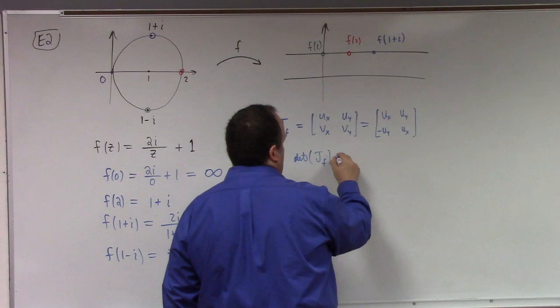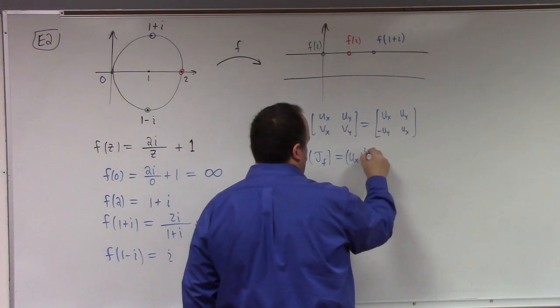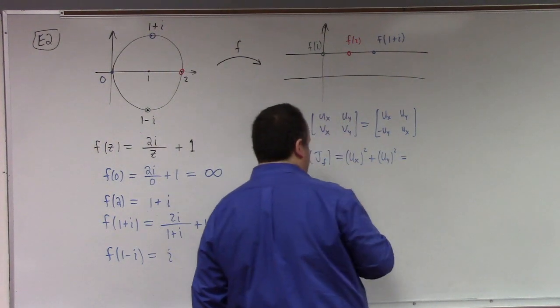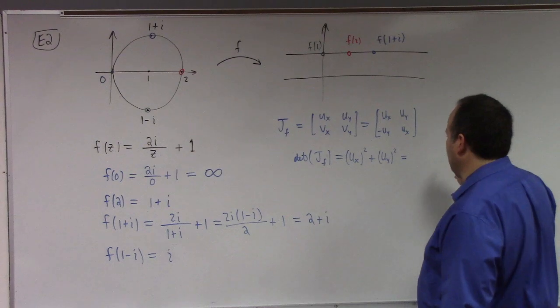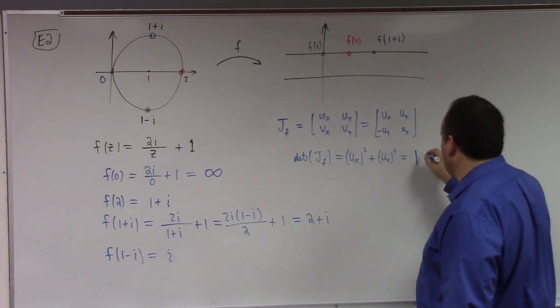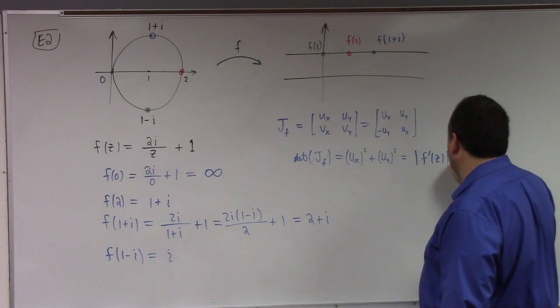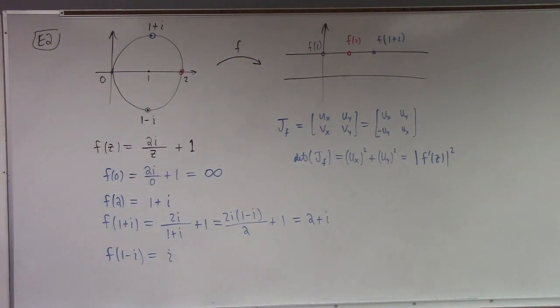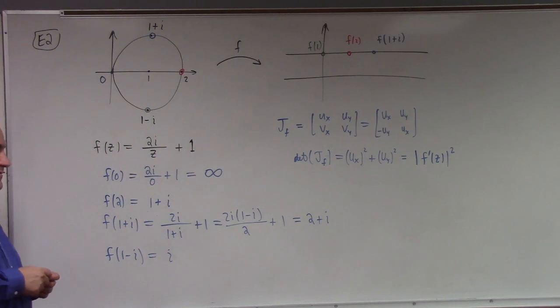Well, it's ux squared plus uy squared, which, if you work it out, is exactly the magnitude of f prime of z, squared. Because f prime of z is ux plus i vx, and vx is minus uy, so the magnitude of that is ux squared plus uy squared, because the minus in the Cauchy-Riemann equation gets eaten up in the magnitude calculation.